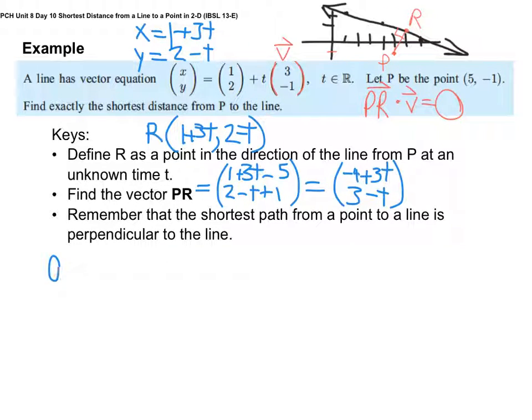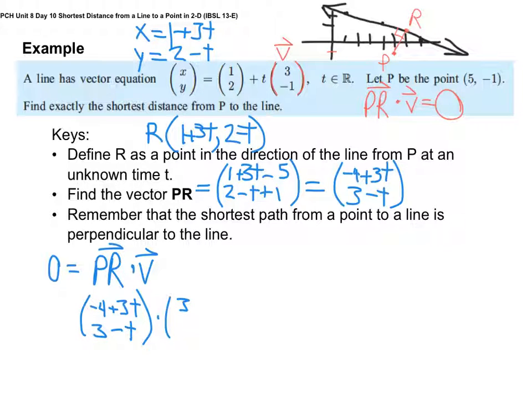We want the dot product to equal 0. So 0 equals PR dotted with V. I just found PR to be (negative 4 plus 3t, 3 minus t), and I'm going to dot that with (3, negative 1).